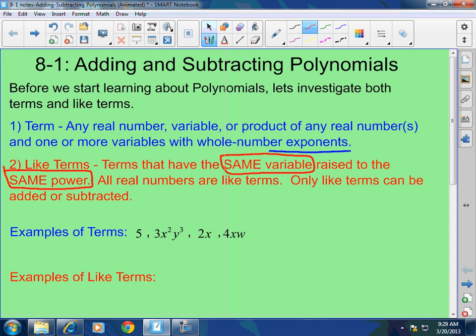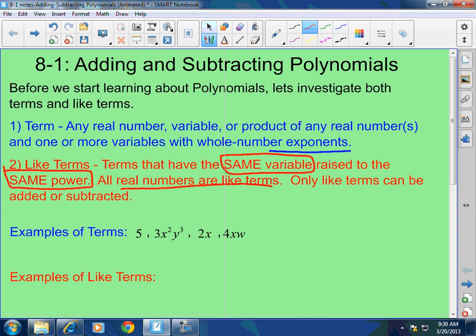Same variable raised to the same power. All real numbers are like terms, by the way. Any number, 5, 9, negative 15, 12.8, 16.7, 3/5, 2/2 which is 1, 2/3, 5/7. All of those are real numbers. All numbers can be added. Numbers are always like terms. And only like terms can be added or subtracted.